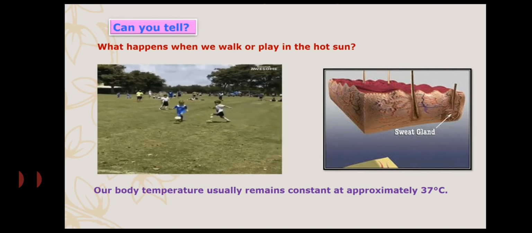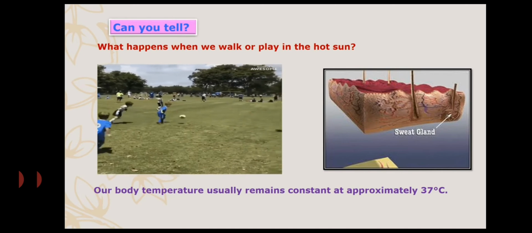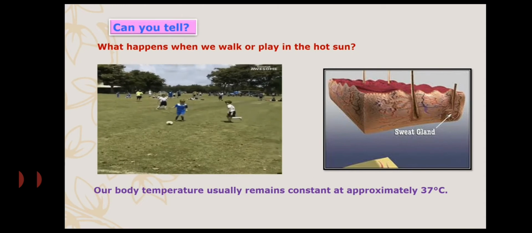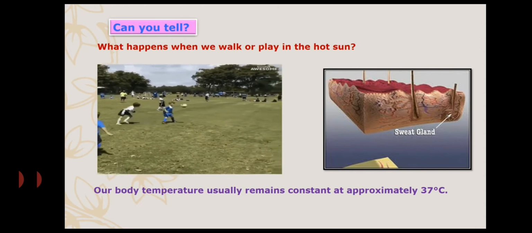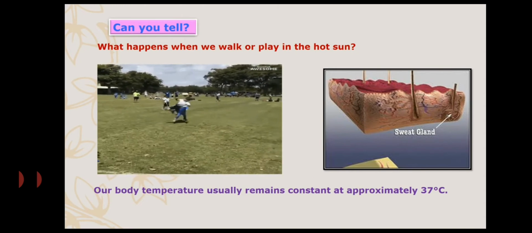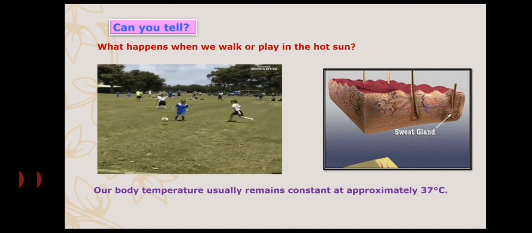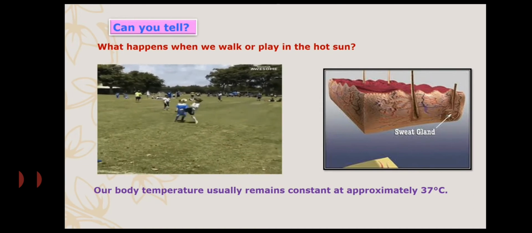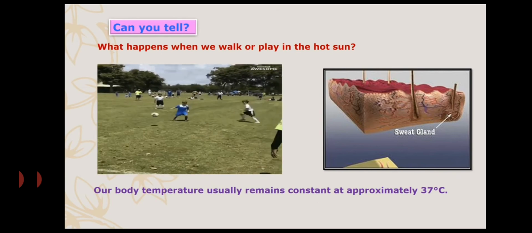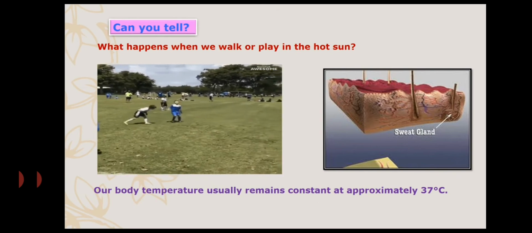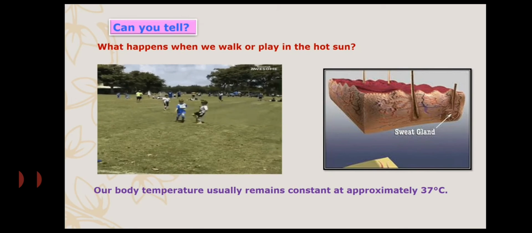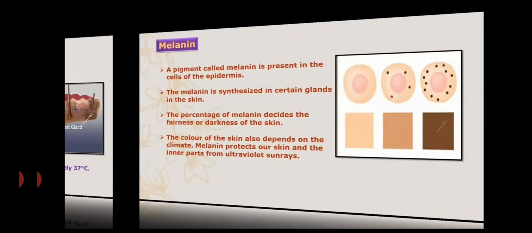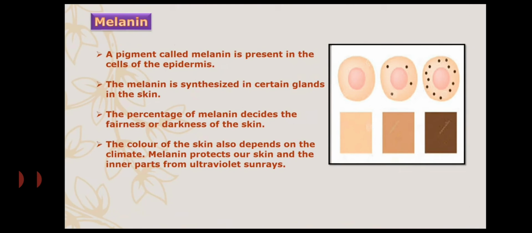Means normal body temperature is 37 degrees Celsius. So children, whenever we are playing in the hot sun, the body releases sweat, and it helps to reduce the temperature of the body. Normal temperature of the body is 37 degrees Celsius.